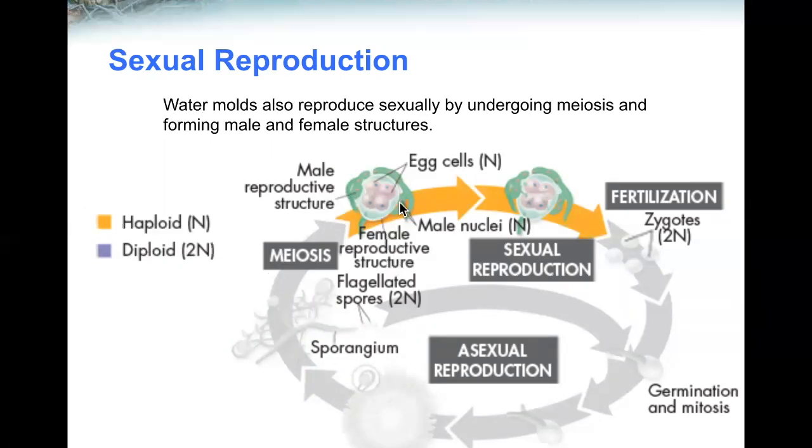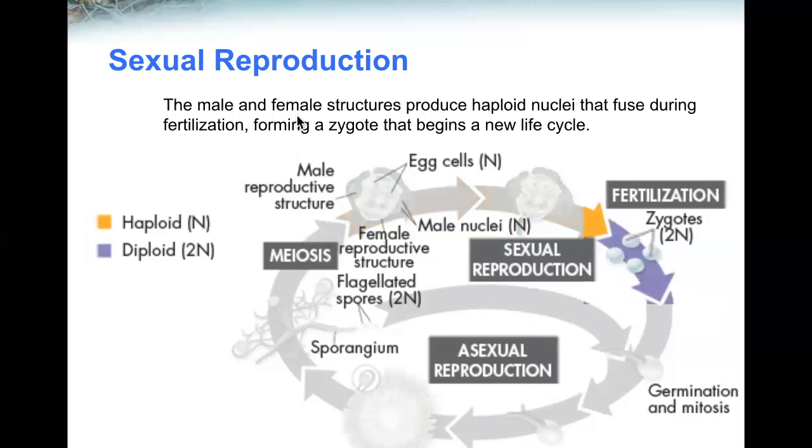Through meiosis, there are male and female reproductive structures, the egg cells and the male reproductive structure. They combine to fertilize, and they create a zygote, back to 2N. The male and female structures produce haploid nuclei that fuse together for fertilization, forming a zygote that begins a new life cycle.